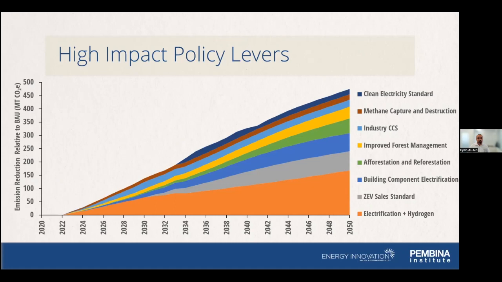The top policies that I picked in this graph account for about 88% of all emissions reduction in this example. What's interesting to note is that the top three policies, which are electrification, hydrogen, zero emissions vehicle sales standard, as well as building electrification, all require electrification as well as a cleaner grid.